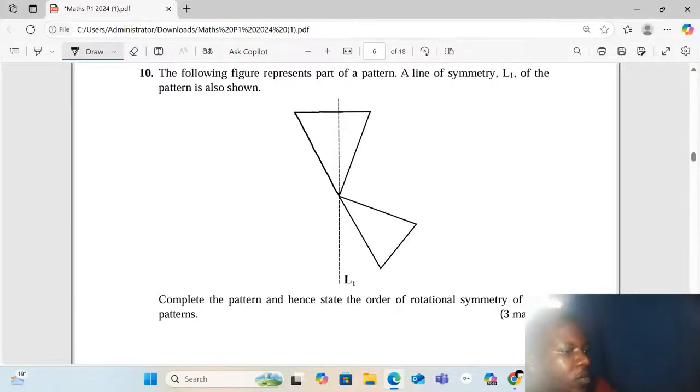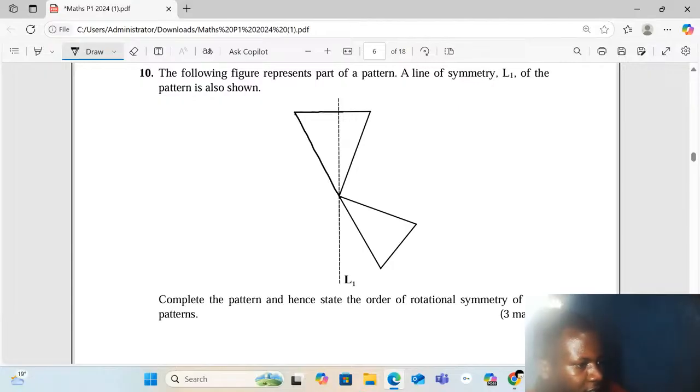So we've completed one of the triangles. Now, this is not enough. We can see the angle at which it is being rotated. So that means we are going to have another one here, another one here, another one here, keeping in mind the angle.